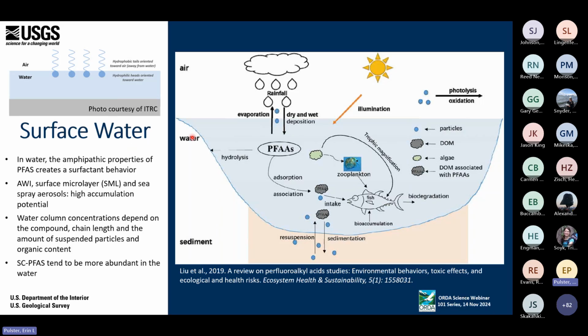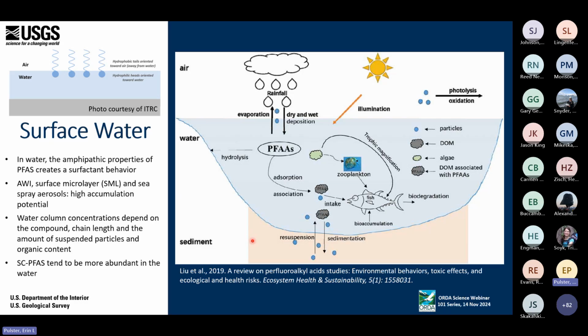So in surface water, we see some of our high concentrations of PFAS at the microsurface layer, as well as in sea surface foams, because of their dual properties, they create a surfactant behavior. So they tend to stay up at the top of the water column. There have been studies finding super high concentrations in sea spray aerosols, and that can lead to more atmospheric transport throughout the environment.